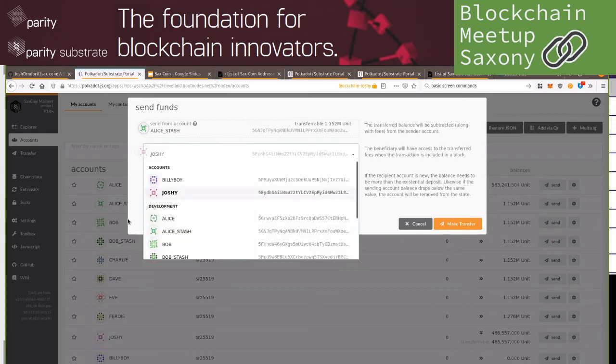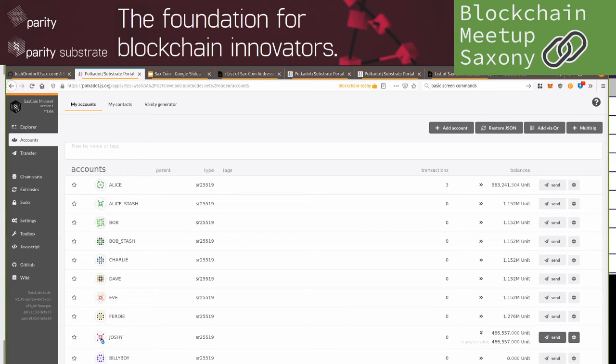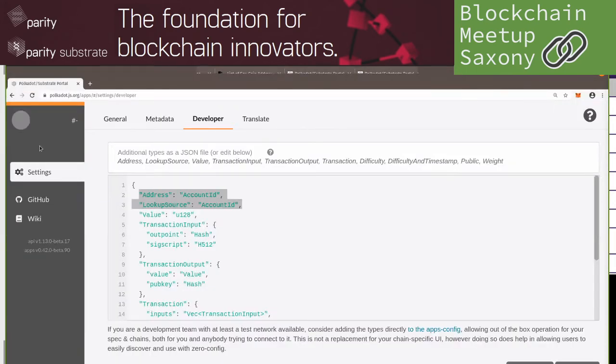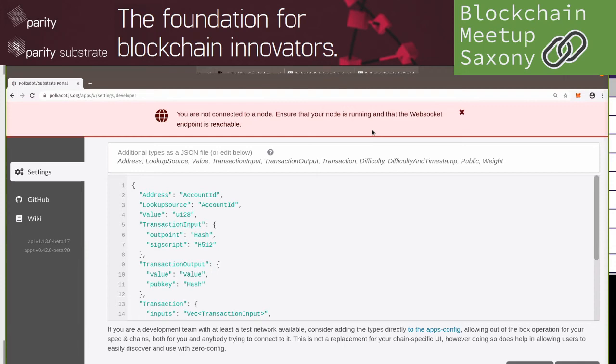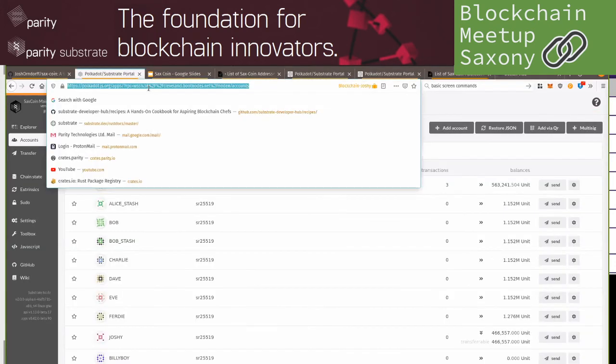In fact, here's how we can check it. Let me copy this Joshi one. We know that's valid because I generated it the normal way, I didn't just make it up. And then let me come over to this other, totally separate web browser and see if I can get connected here. No, not yet.